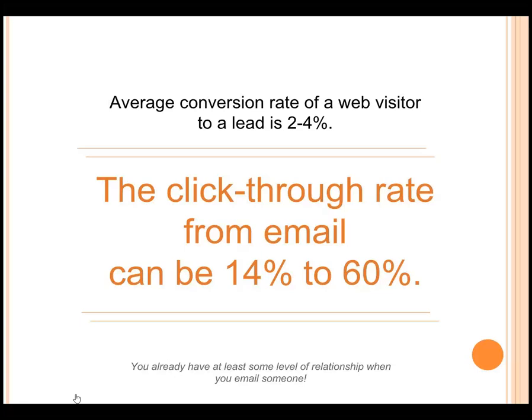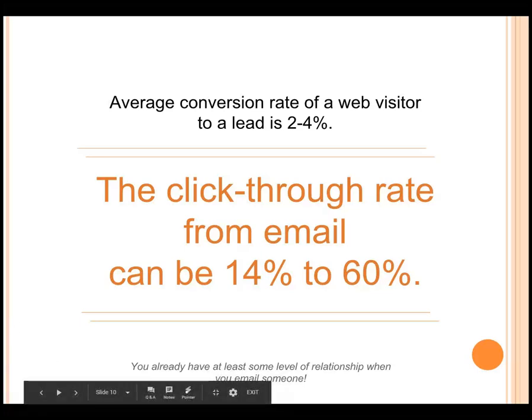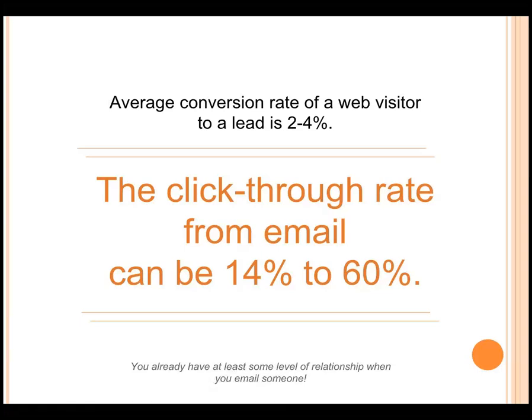However, if we're using email, the click-through rate from email is typically anywhere from 14 to 60%. Now I know 60 is high, I'll mention that in a minute. But if you're getting a 14% click-through rate on email, you're in the ballpark. If you're getting 20 to 30%, you're way above average.